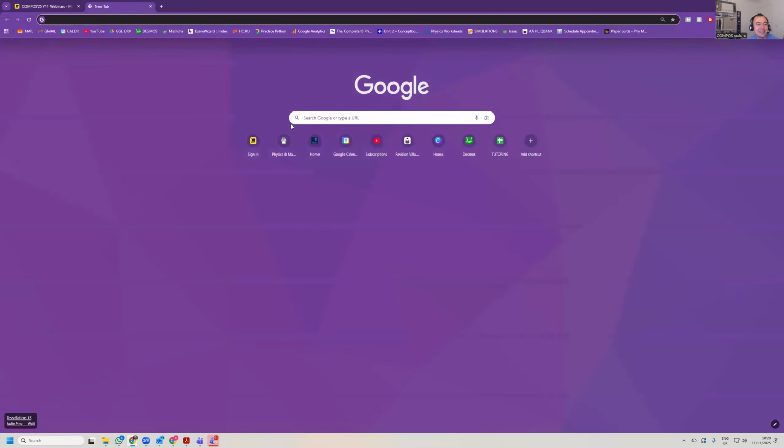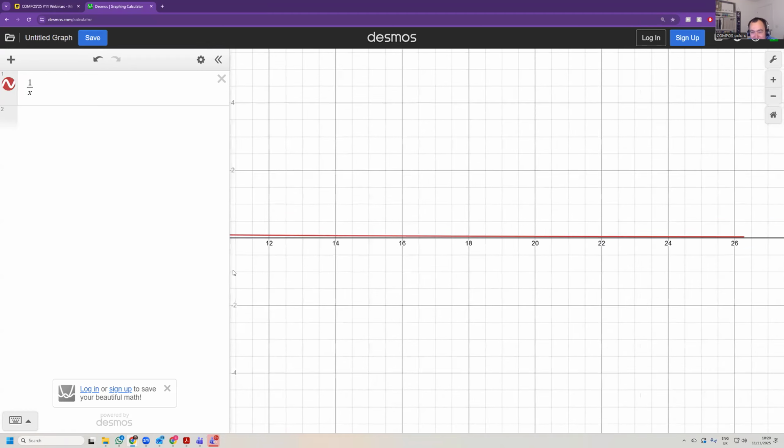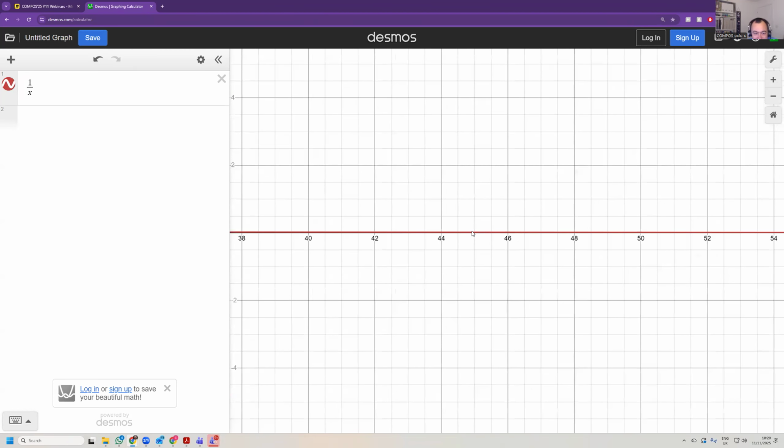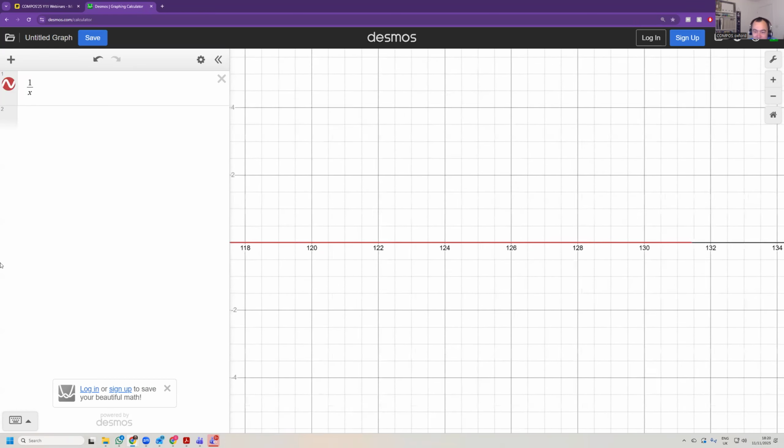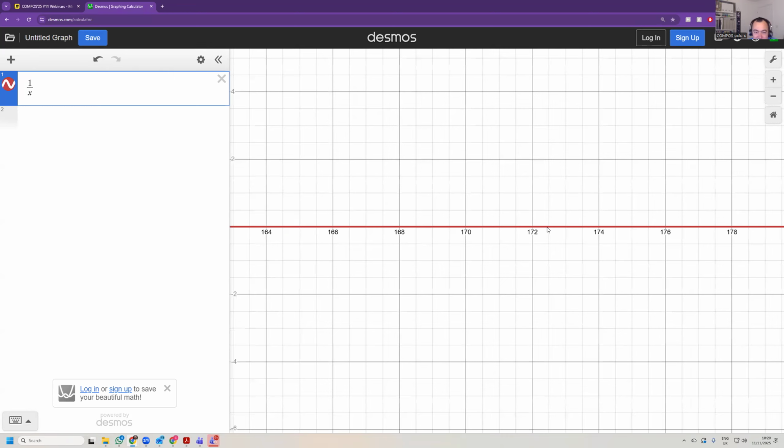If you open Desmos and you just draw 1 over x, you can see that the function gets really, really, really small, but never 0. Look, it's 0.02. Let's move further. It's 0.0058.